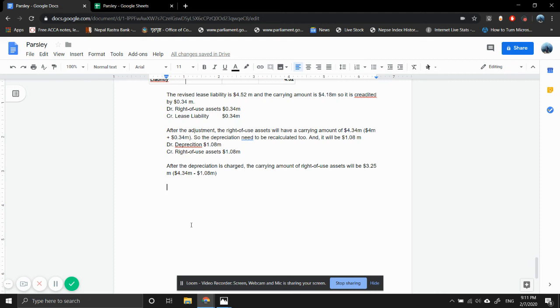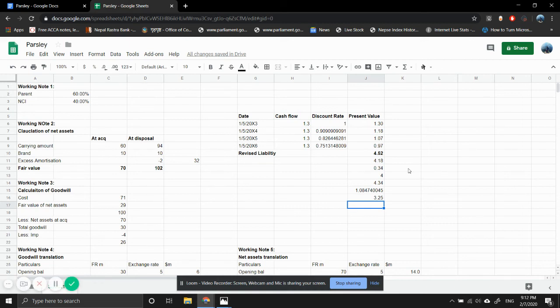So let's talk about interest on the outstanding lease, which is basically this into 10%.